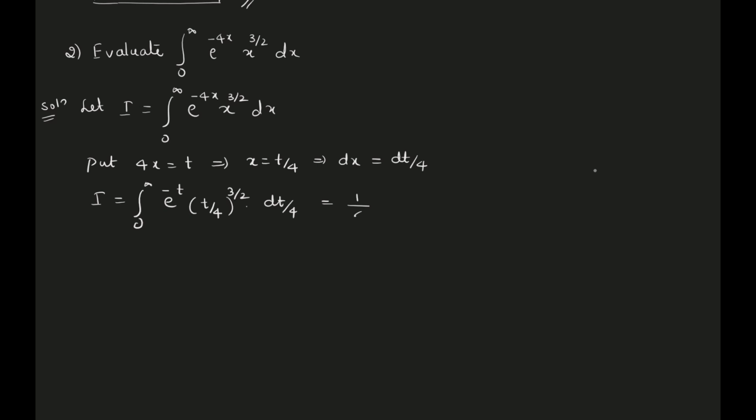Now you can take 1 by 4 outside. Integral from 0 to infinity of e raised to minus t, t to the power 3 by 2, and 4 to the power 3 by 2. 4 I can write as 2 squared, so the power is 3 by 2 into dt. So what do you get here? 1 by 4 integral from 0 to infinity of e raised to minus t as it is.